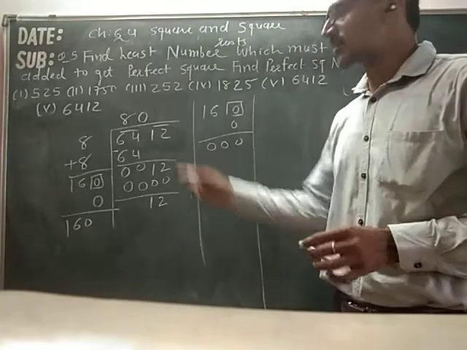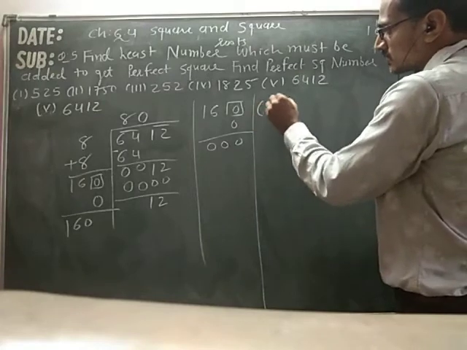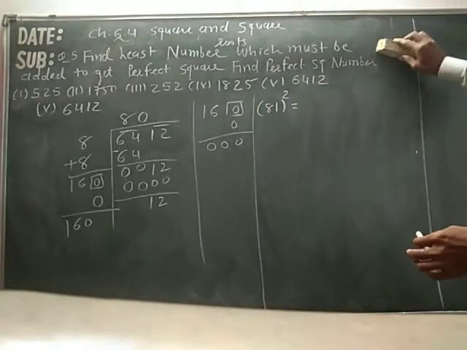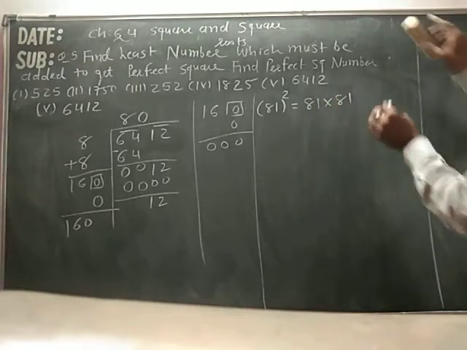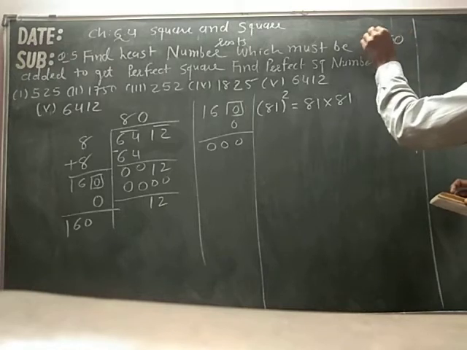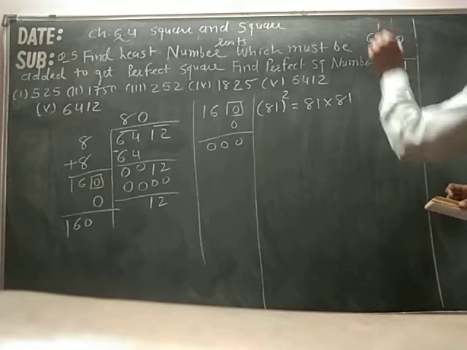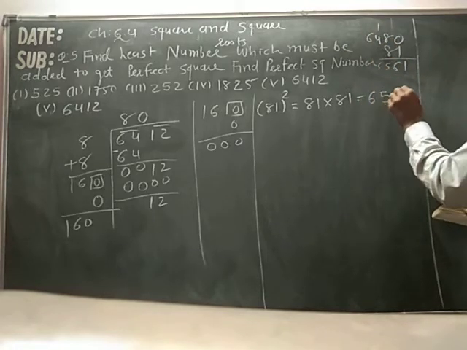So what we'll do, we'll take the square of the number after 80, which is 81. Let us find the square of 81. 81 square, that means 81 into 81. It will be 6561.